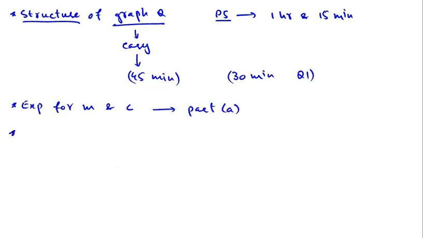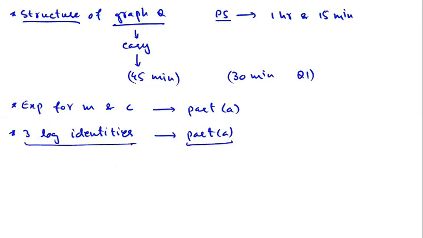And then I'll teach you 3 logarithmic identities. And after learning these 3 logarithmic identities, we will do part A again of 1 or 2 graph questions in the workbook. Because in some graph questions, doing part A requires the use of these 3 logarithmic identities.